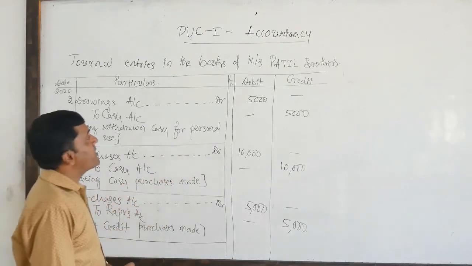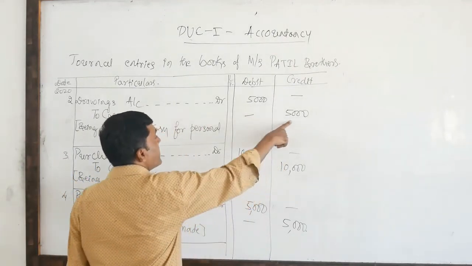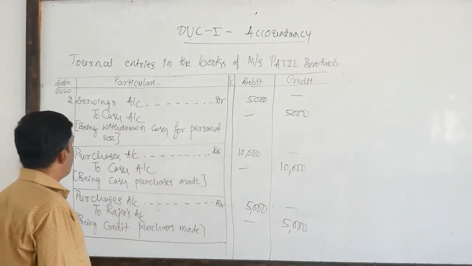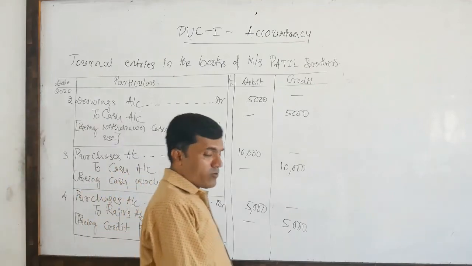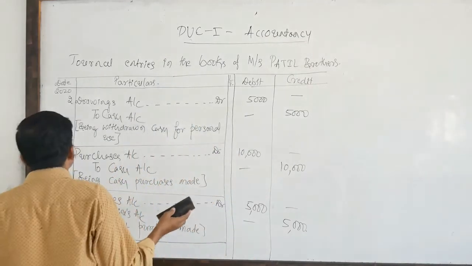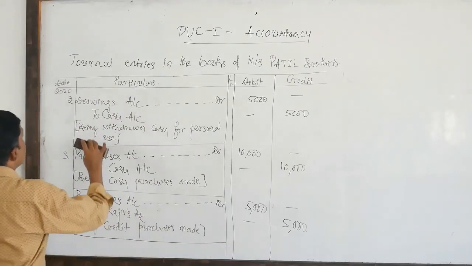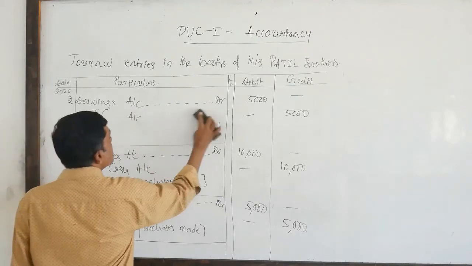The debit amount should be written in the debit column, the credit amount is to be written on the credit column. So this is the way of writing the journal entries, dear students. So I would like to say some more examples. Okay, in this table only, I would like to remove this.